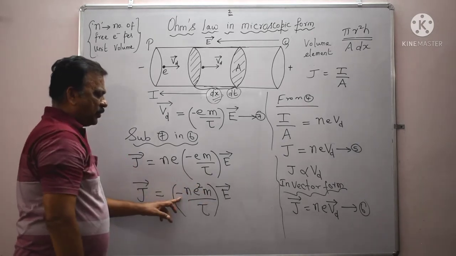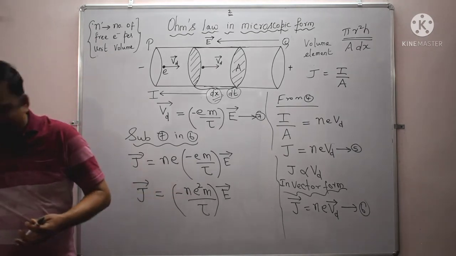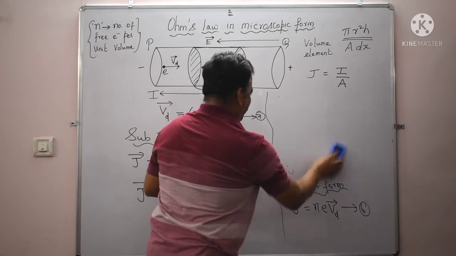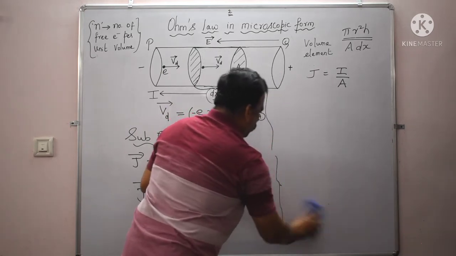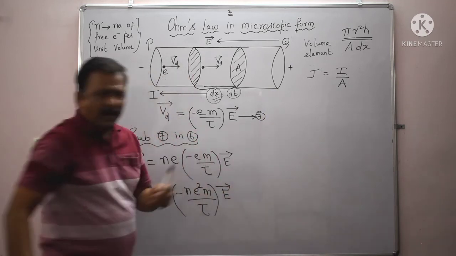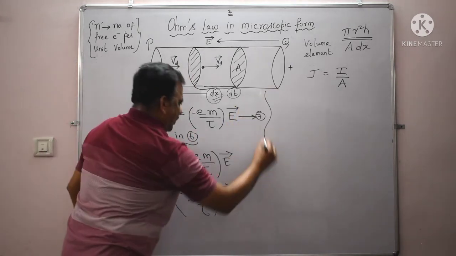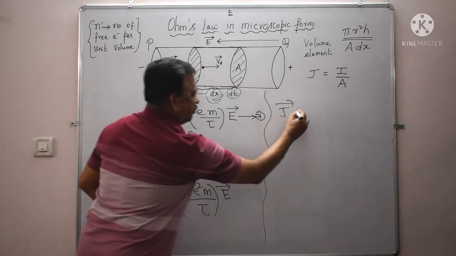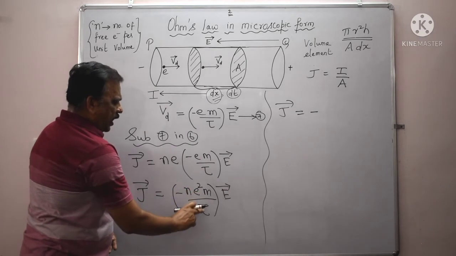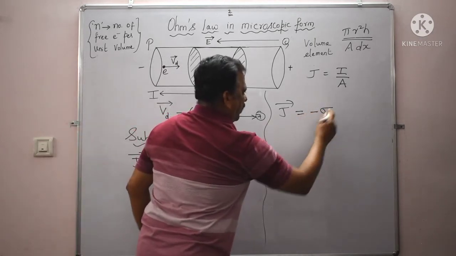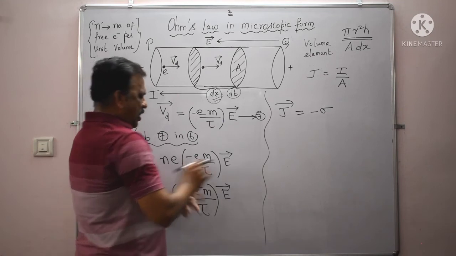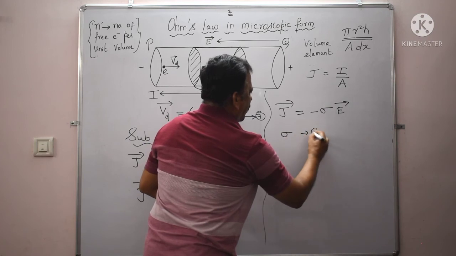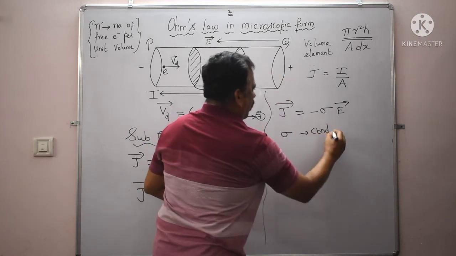So keeping the negative sign as such, I'm going to replace n e square m divided by tau with a single letter. So J vector is equal to minus sigma into E vector, where sigma is called the conductivity of the material of the conductor.